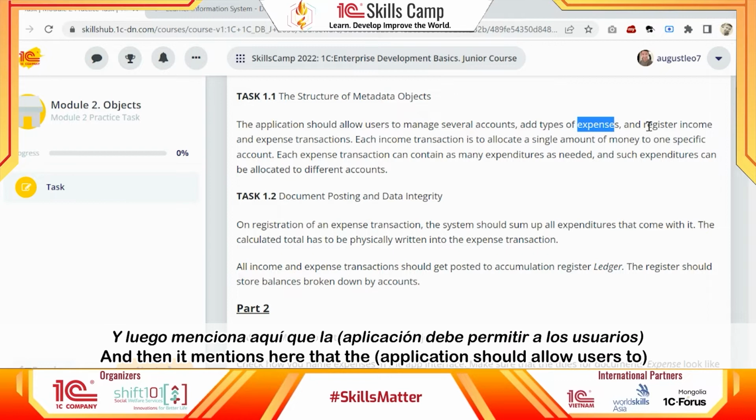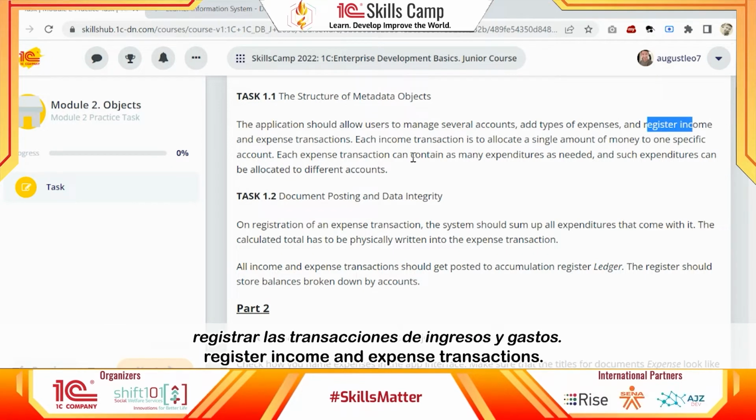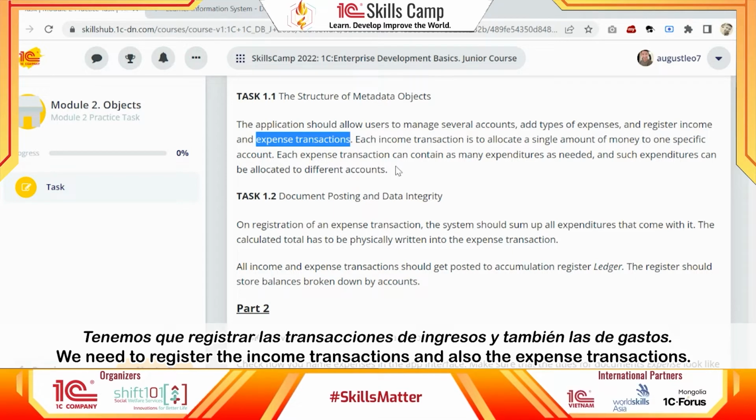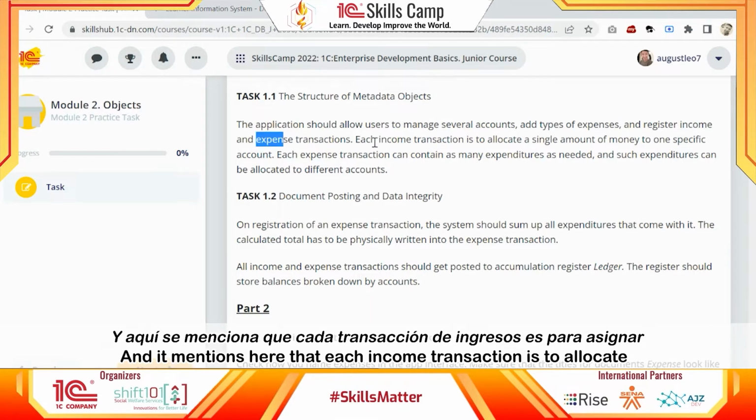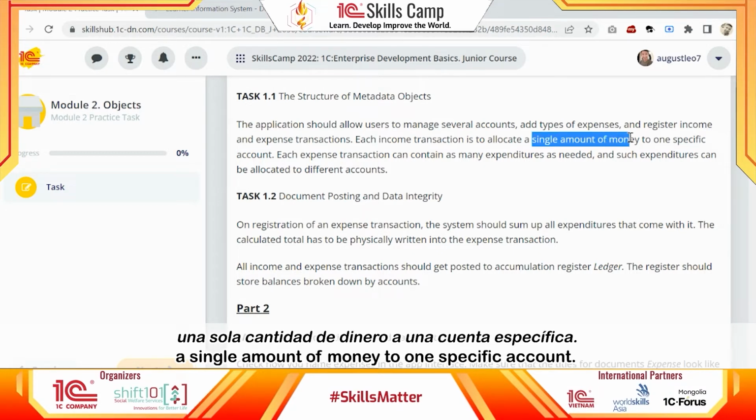And then it mentions here to register income and expense transactions. So we need to register our income transaction and also the expense transactions. It mentions here that the income transaction is to allocate a single amount of money to one specific account.